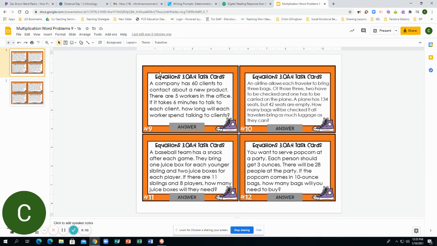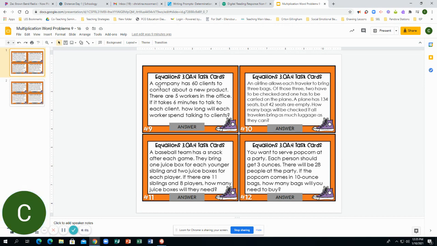So that equals 84. And if popcorn comes in 10-ounce bags, how many bags will you need to buy? That's tricky. 84 ounces. So I need to count by tens to where I get past the number 84.